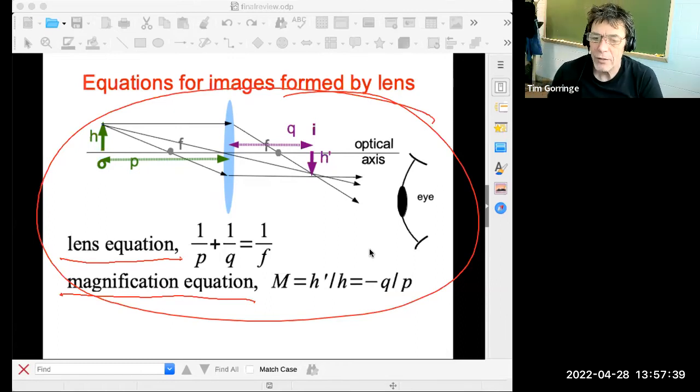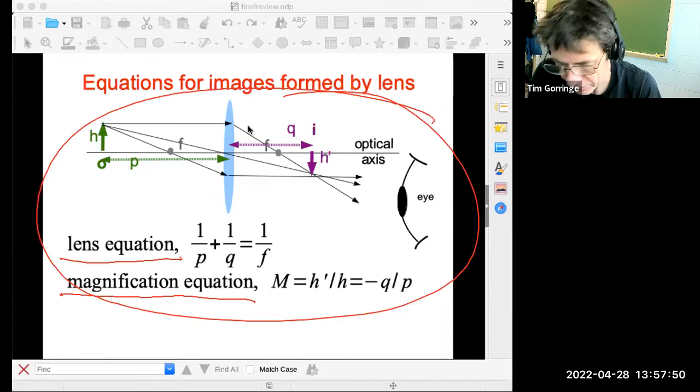Yeah, real images versus virtual images. So a real image, this sketch here shows the formation of a real image. So these rays here from this object on the left forming this image on the right, they really do pass through this point.